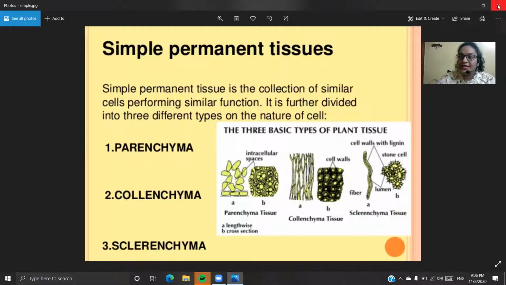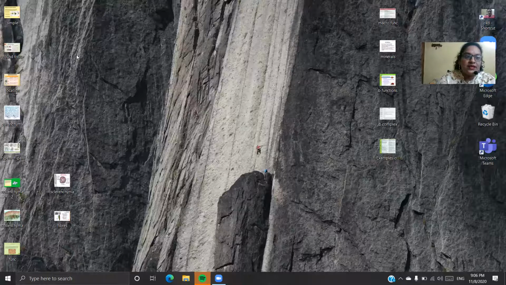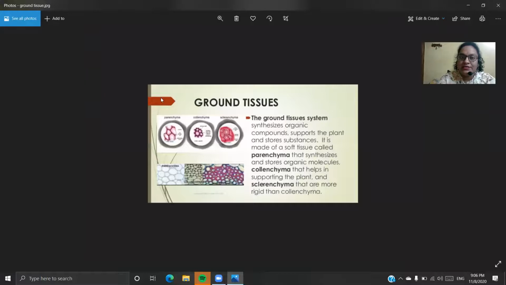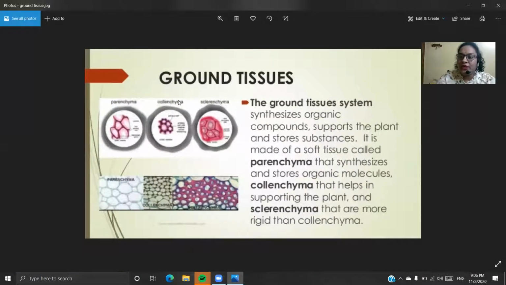Remember, children, that these simple tissues can also be regarded as a ground tissue, because a ground tissue is a prime tissue which is going to help in storage of materials and synthesizing of materials. Okay, so you can see that such type of tissue should be called ground tissue. And since we know that our parenchyma is going to synthesize, because it has chloroplast, it helps in photosynthesis and assimilates the organic molecules, stores them and synthesizes them.